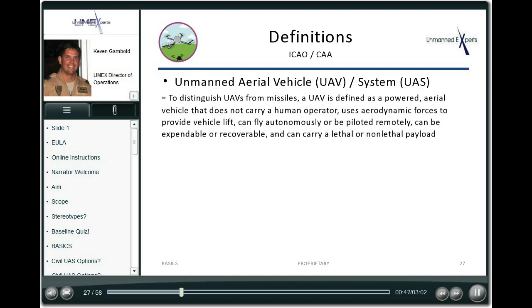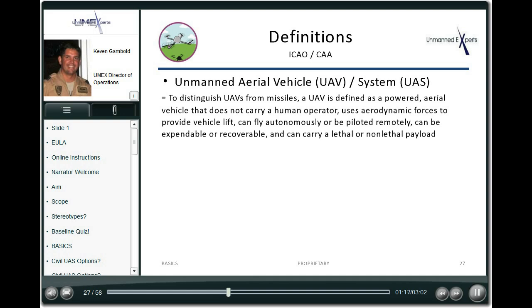For example, if we take UAV or UAS, concentrate on the UAV, that's the aircraft itself. The system is defined as the data links, the ground control station, the crew, any other launch and recovery systems involved with that. But the aircraft itself, they are trying to distinguish from other things that fly without a pilot, such as missiles. And they go on to add certain definitions, such as being powered.